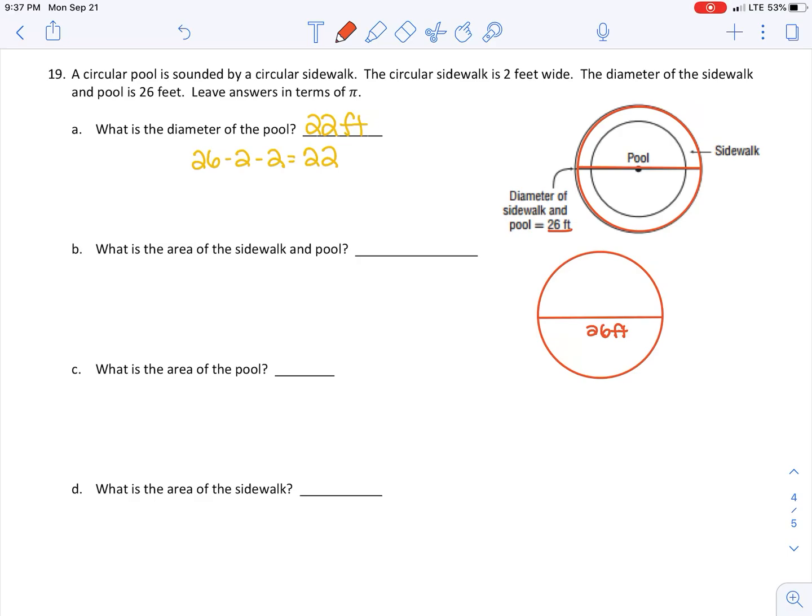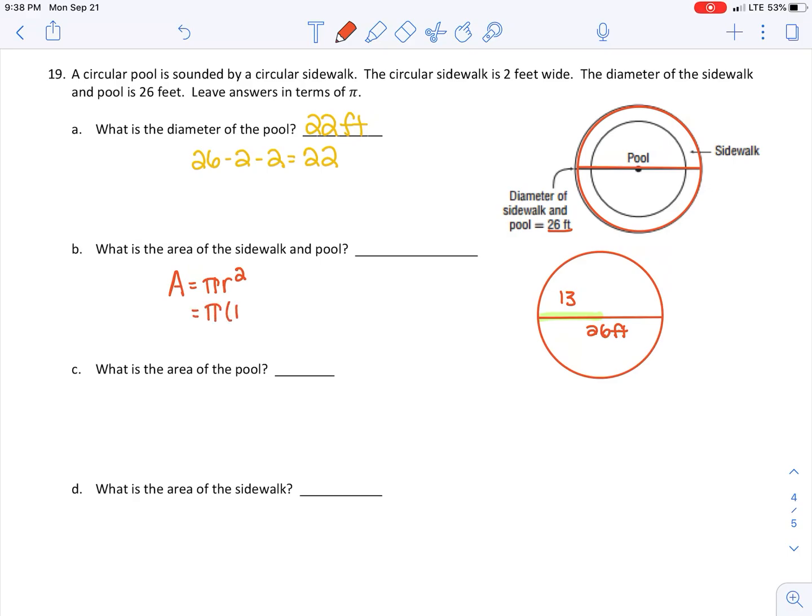Now, area of a circle is pi r squared. So we actually don't need to know the diameter. We need to know what the radius is. And we should know by now that the radius is half of that diameter. So if I take half of 26, I get 13.